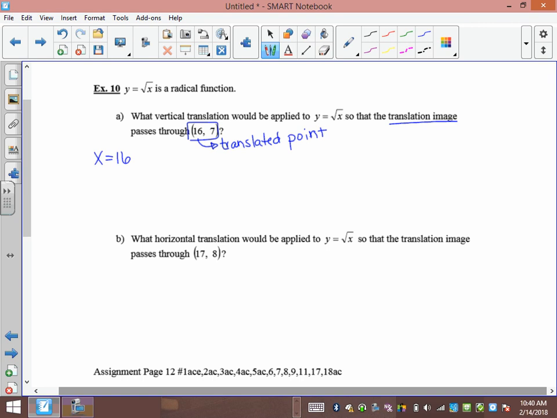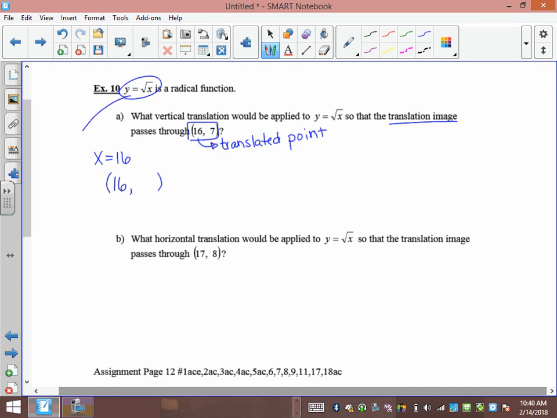We agree? So my original point is 16 and something. How can I find out the something? Go back to grade 10, before you're even taught about your calculators, going to your table. If you had an x, how could you solve for the y of the original equation? Plug it into the equation. So our equation is up here.